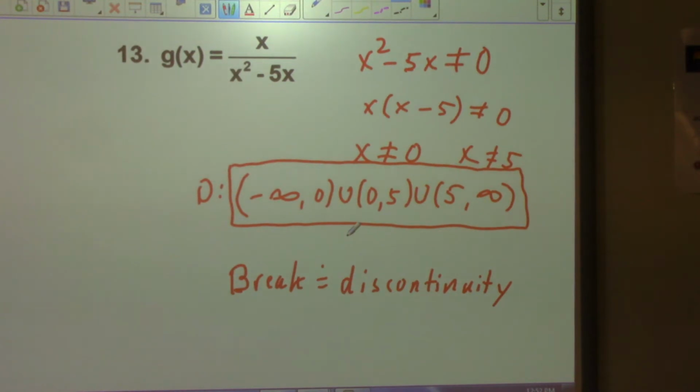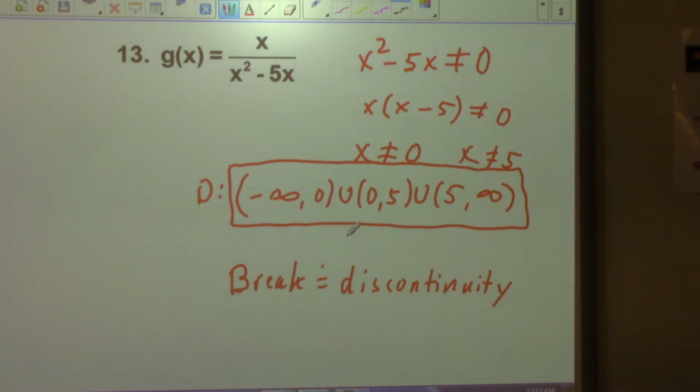Horizontal. Okay, well, horizontal asymptote could be a discontinuity in range. But normally when we talk about discontinuities, we're talking about breaks in the domain. Jump? Jump discontinuity is another type of discontinuity. Okay, so let's just file that away.